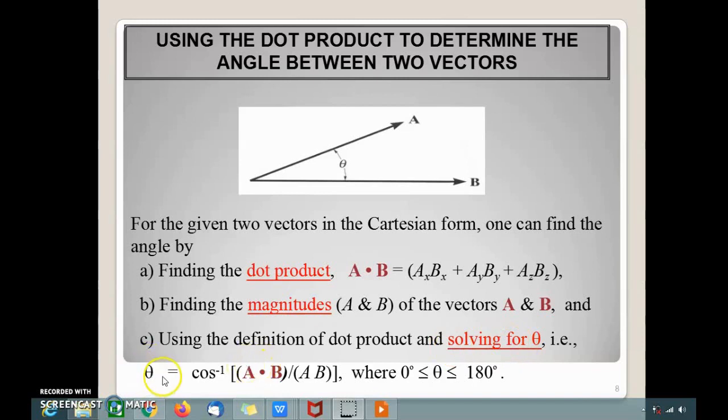The definition of the dot product is cos theta equals A dot B over AB, where A dot B is a scalar magnitude over the magnitude of A multiplied by the magnitude of B.